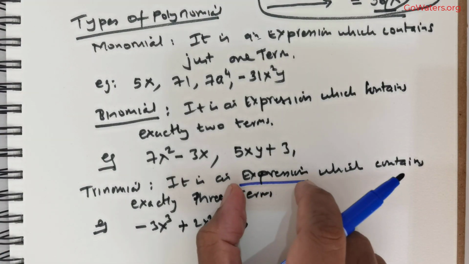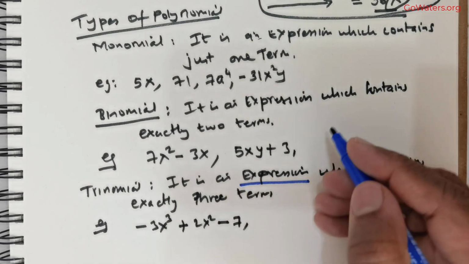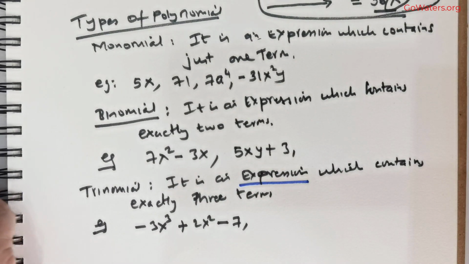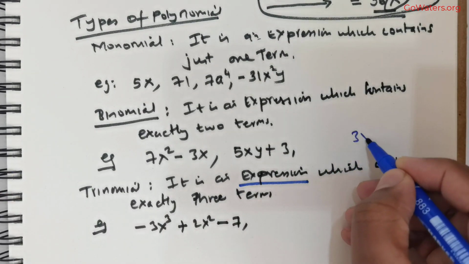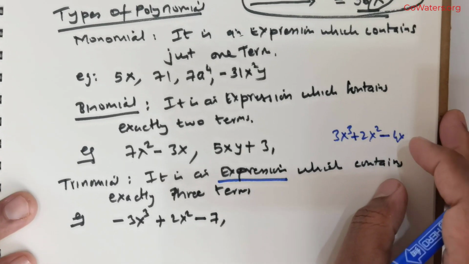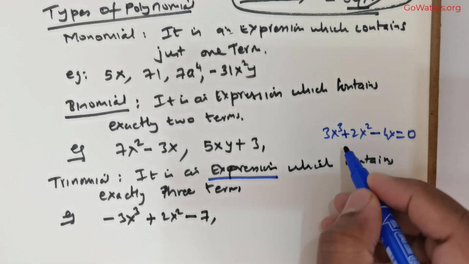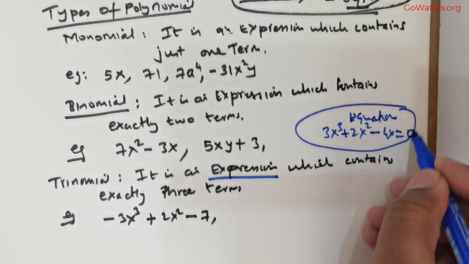There's a lot of difference between an expression and an equation. Have that in mind. If I were to write 3x to the power of 3 plus 2x squared minus 4x and equate it to 0, then this would become an equation because I'm equating it to 0.